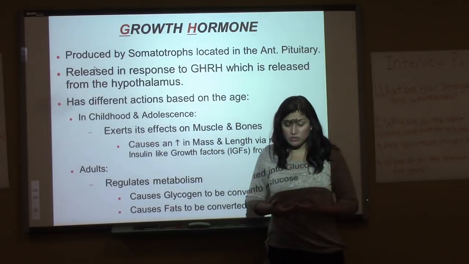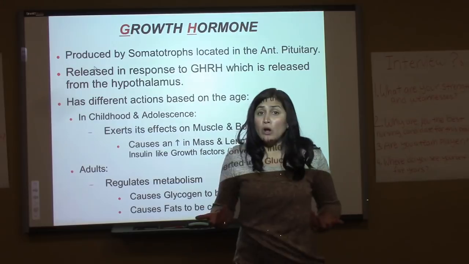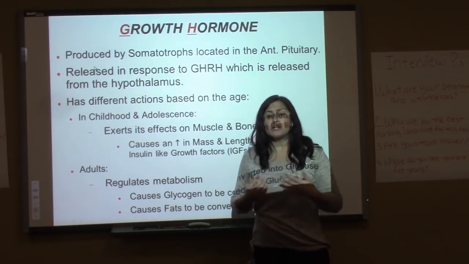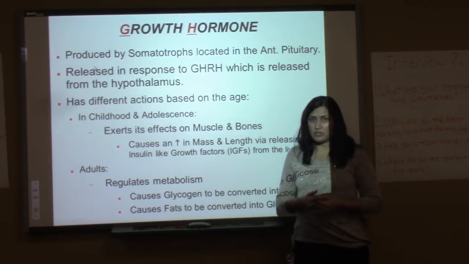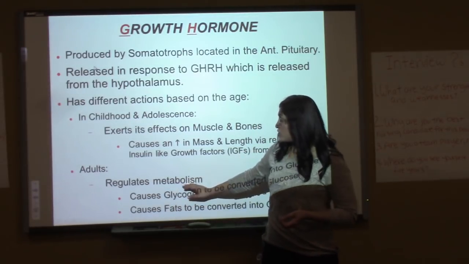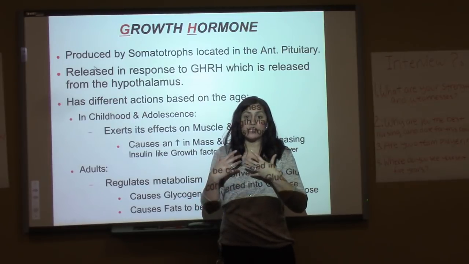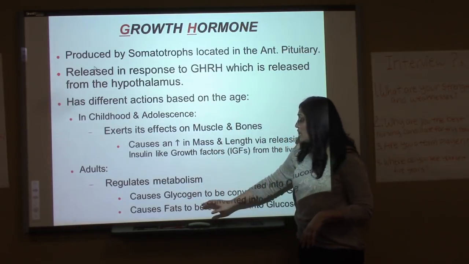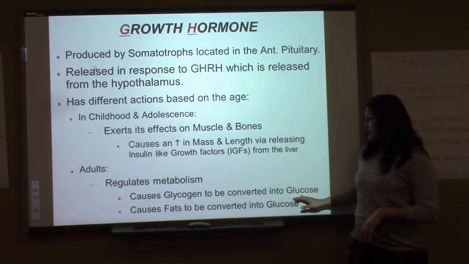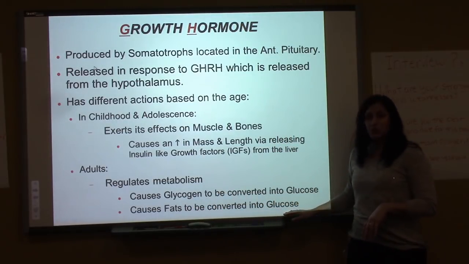Now, of course, once you have reached adulthood, you're no longer going to grow. You have reached your limit. So what is the function of growth hormone after that? In adults, there's a different function. The function of growth hormone in adults is metabolism. It causes your glycogen to be converted into glucose, and it causes your fats to be converted into glucose.